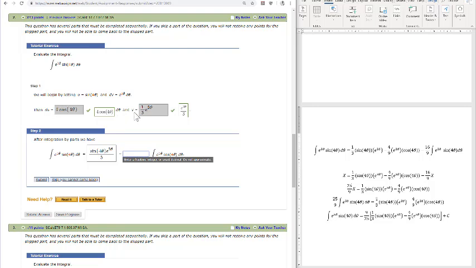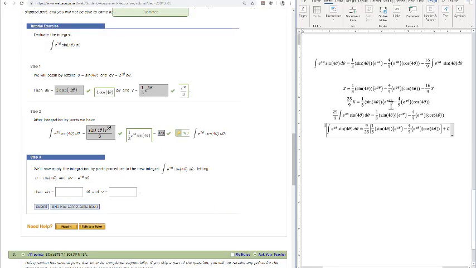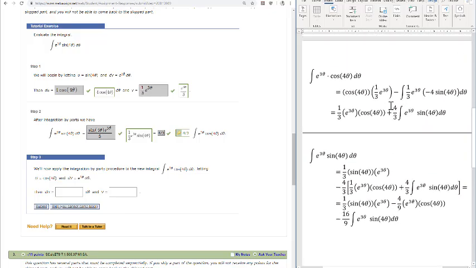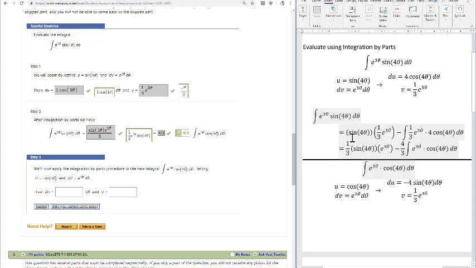So v is e to the 3 theta, which is already here, and du has a cosine, so there are constants that we can add on. There's a 4 in the numerator and a 3 in the denominator. Okay, so far, if you're following along, we've gotten through this portion right here.